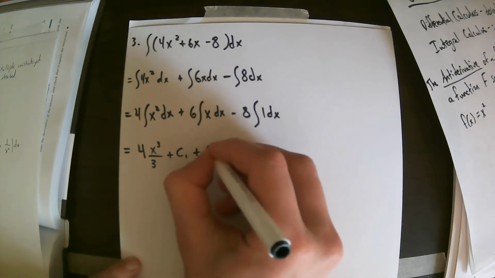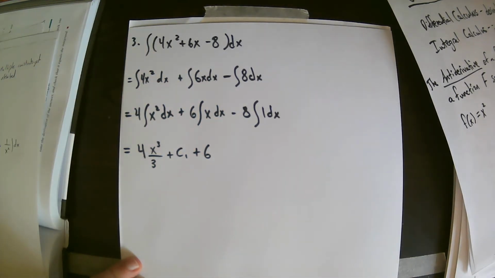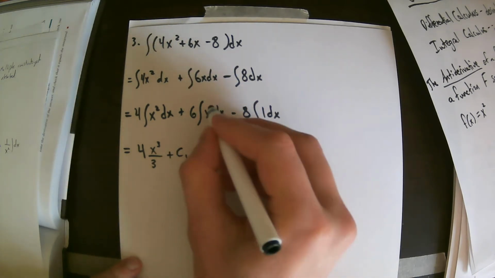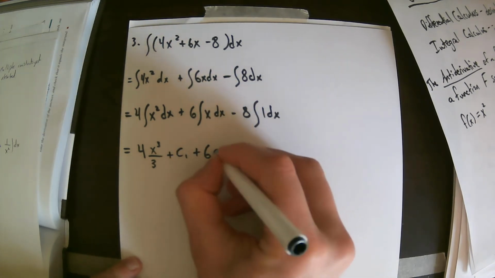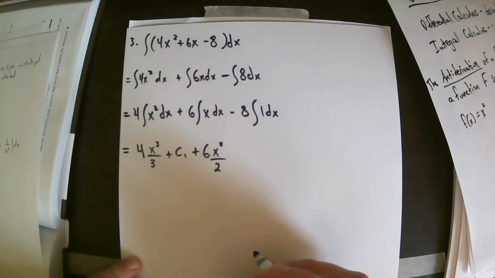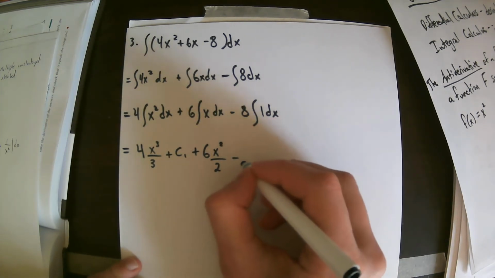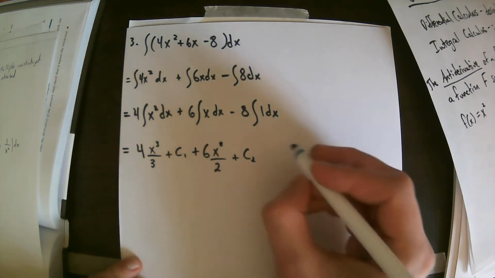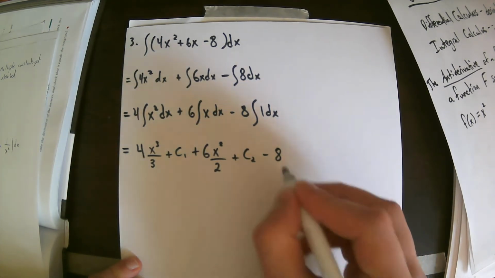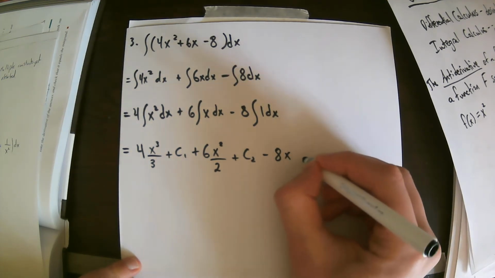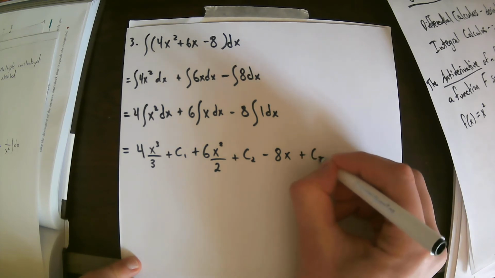Then plus 6 times the indefinite integral of x, so using the power rule again, the exponent is 1, so I'll add 1 and then divide by n plus 1. And then plus c2 for the constant from this integration. Then minus 8 times the integral of 1, which is just x plus the constant.